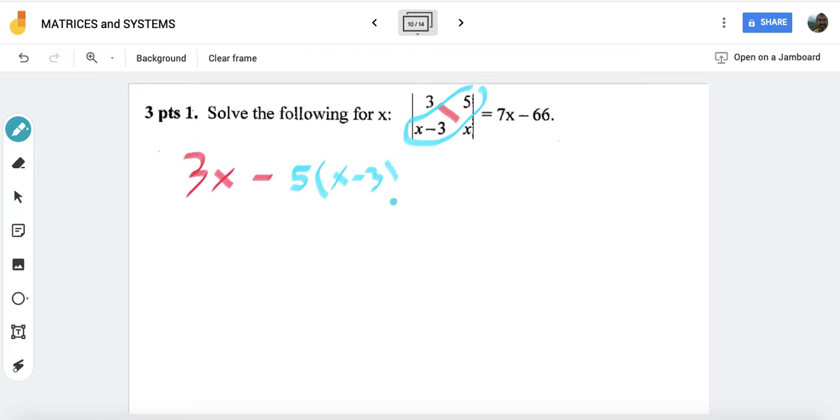And that's the value of the determinant. But it equals, to continue the problem, 7x minus 66. And now it's just a basic Algebra 1 problem. We combine like terms, get the x's by themselves, yada, yada, yada. So let's see, 3x minus, I better write that out.